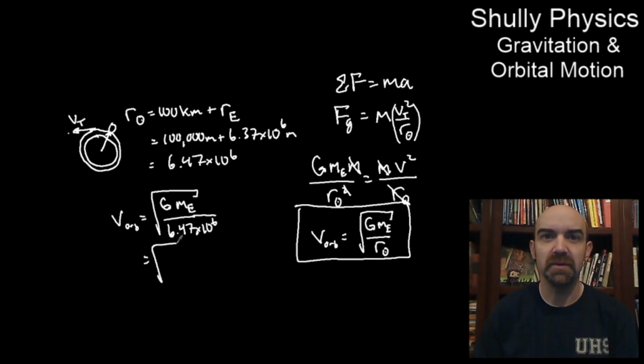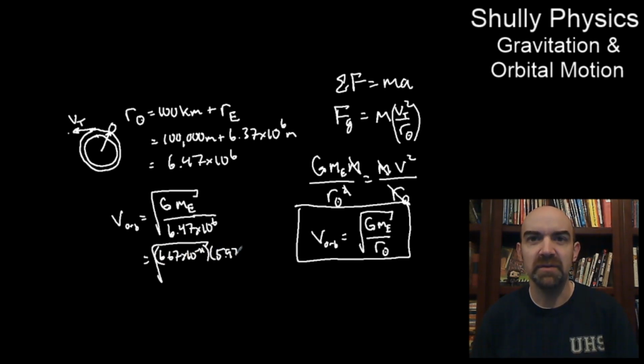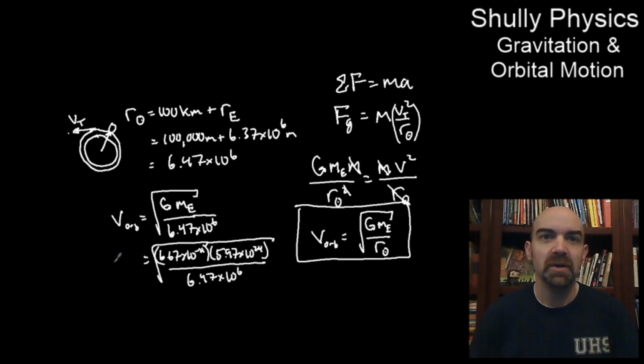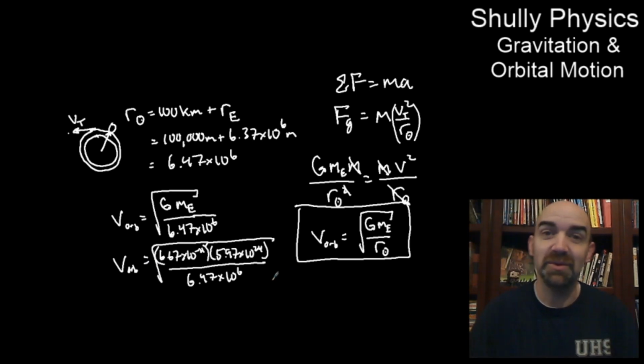All right, so we have 6.67 times 10 to the negative 11, mass of Earth at 5.97 times 10 to the 24, divided by our orbital radius. Be careful not to square things where you don't need to, and be careful to square things where you do.